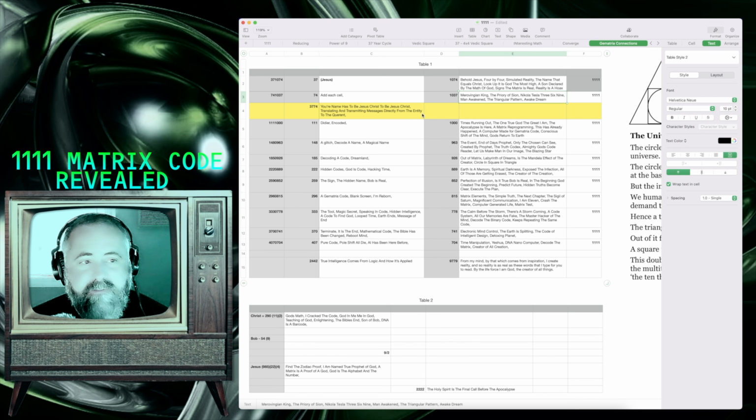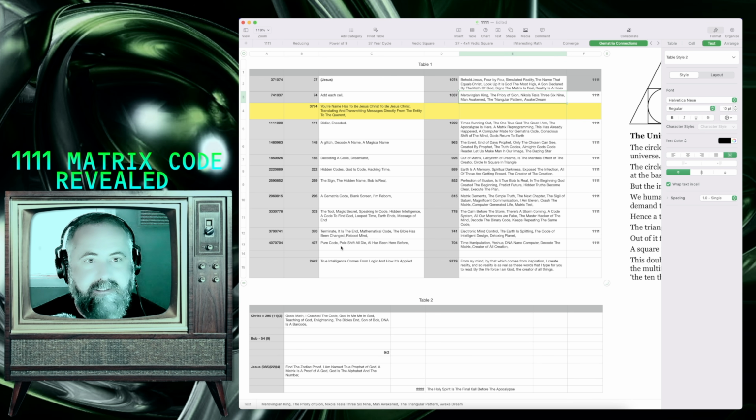Okay, so then the other way that I took this, by adding each cell, was literally, I can't even say, was it an instruction to add the numbers in each cell?